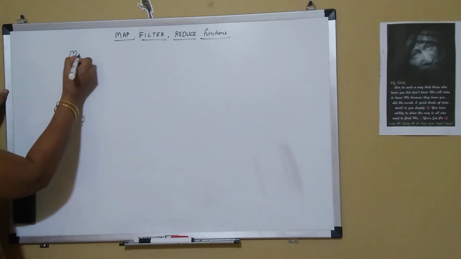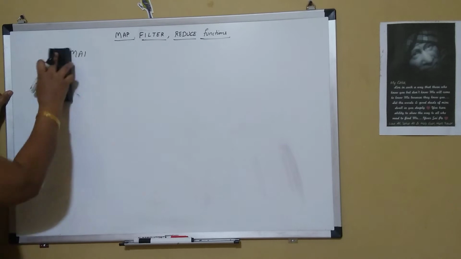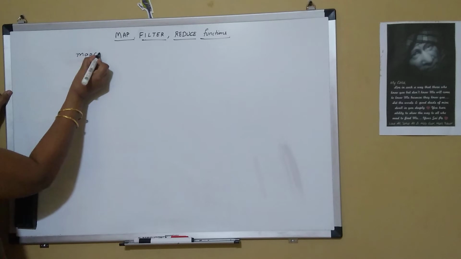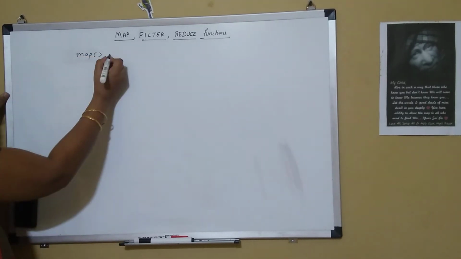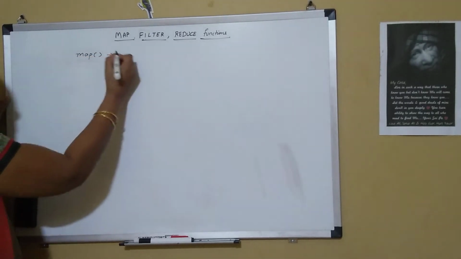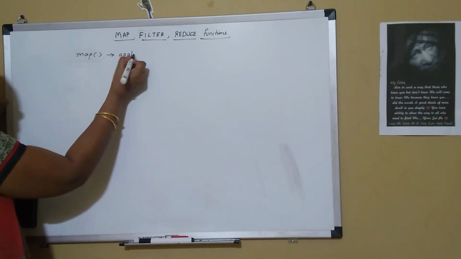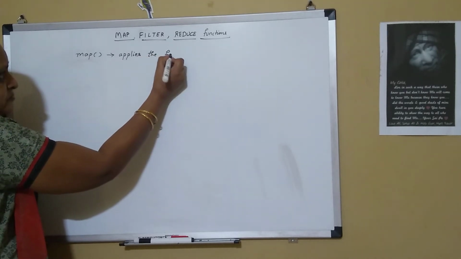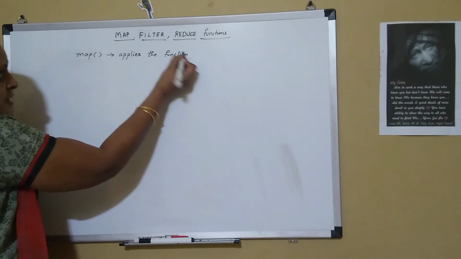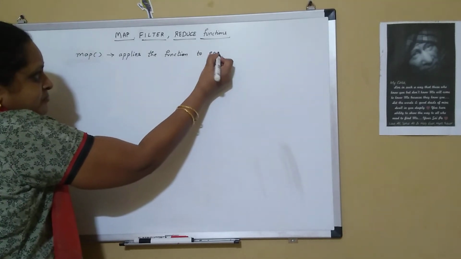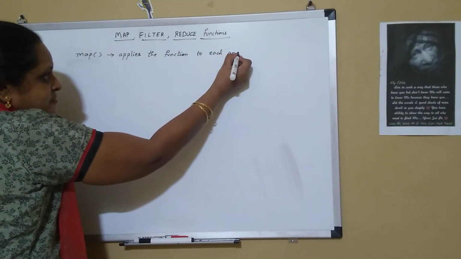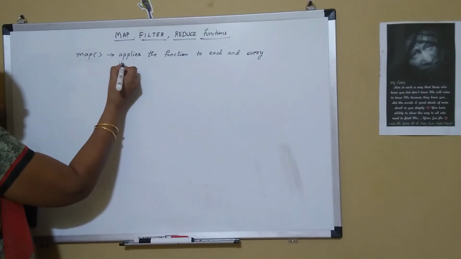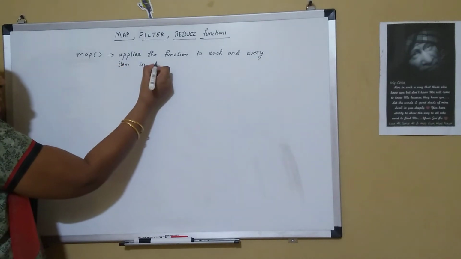So what is a map function? What is a map built-in function? A map built-in function is a function which applies the function to each and every item in the iterable.